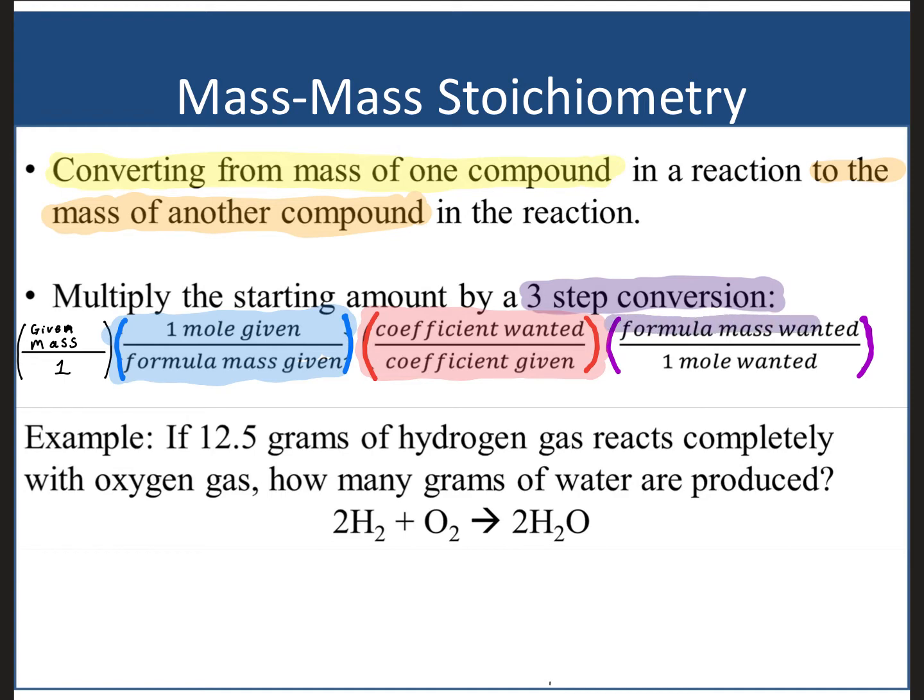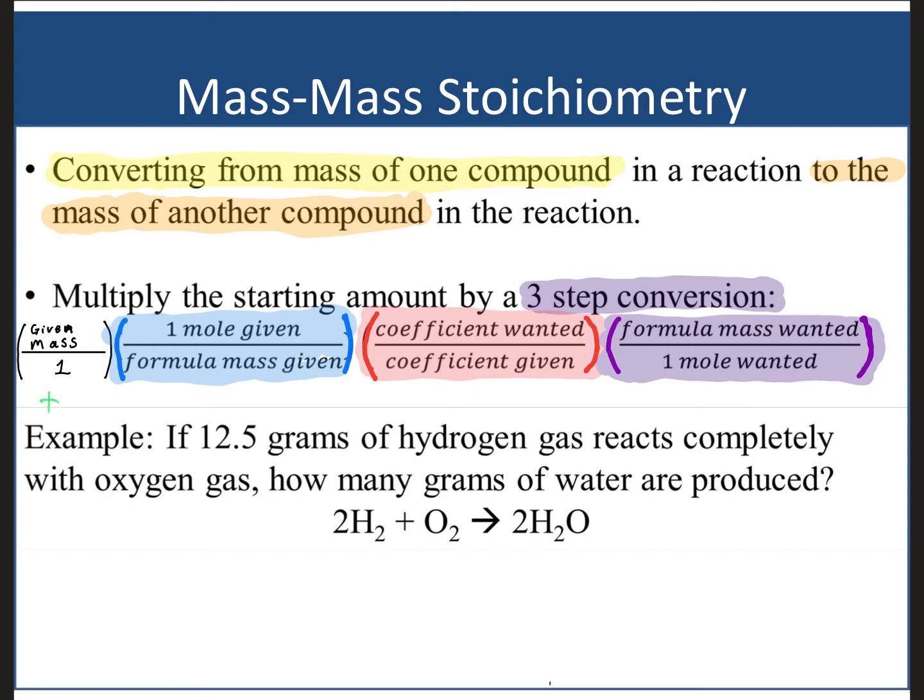And the final step is to then convert back to grams. Going back to grams, I need a formula mass again, but I use a different formula mass this time. I use the formula mass of whatever my wanted chemical was, and I put that over 1 mole. That cancels out the moles and gets me back into mass.